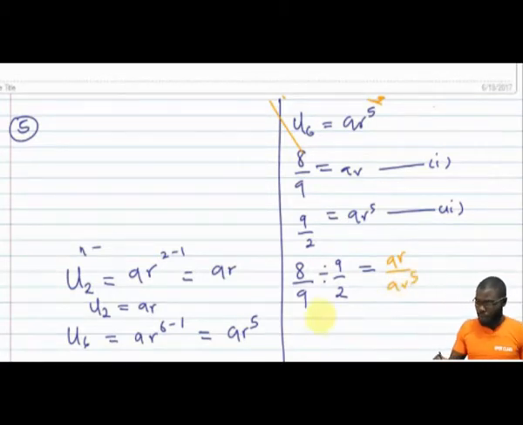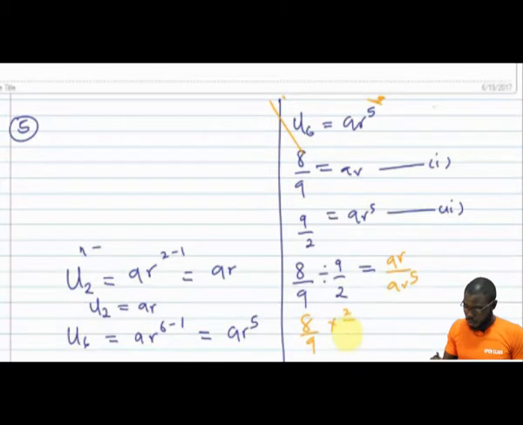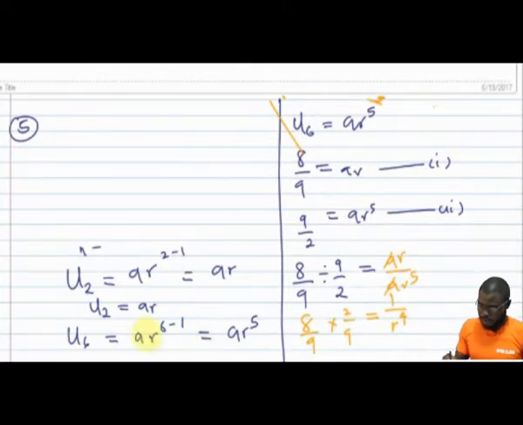So this is the same thing as 8 over 9 times 2 over 9, equals, A cancels the A, and then R has taken one of these, so we have this equal to 1 over R to power of 4. So this is the same thing as 8 times 2, 16, all over 9 times 9, 81, and this equals 1 over R to power of 4.